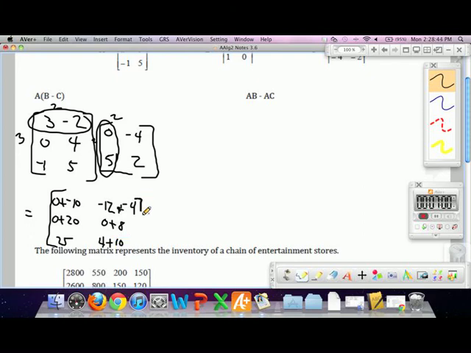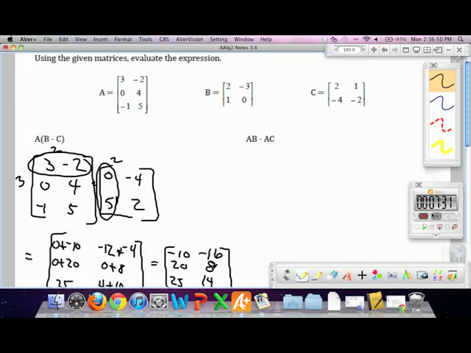Simplify all this, and you end up with 0 plus negative 10 is negative 10, 20, 25, negative 16, 8, and 14. This should match your previous answer if you did it correctly.